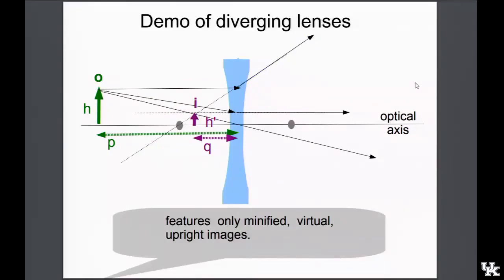Let me just show you a quick demonstration of a diverging lens. And then I'm just going to make a few remarks about the diverging lens and the converging lens. And then we'll look at some examples.